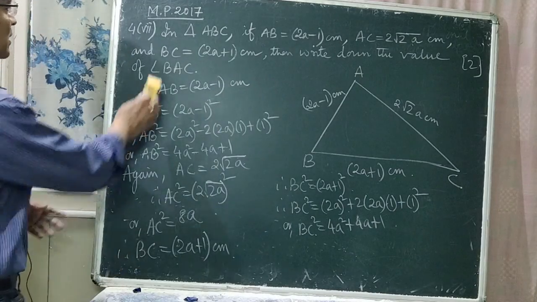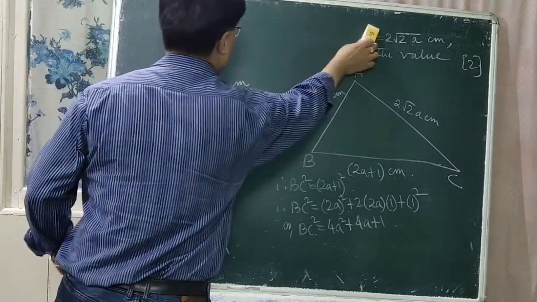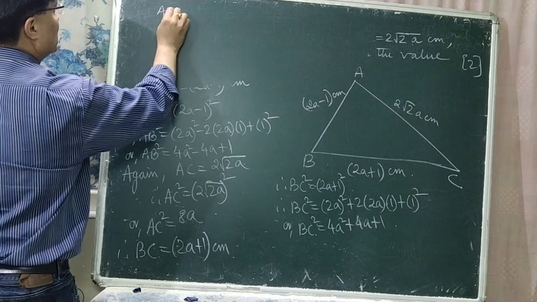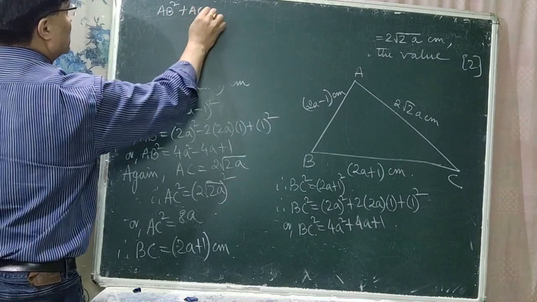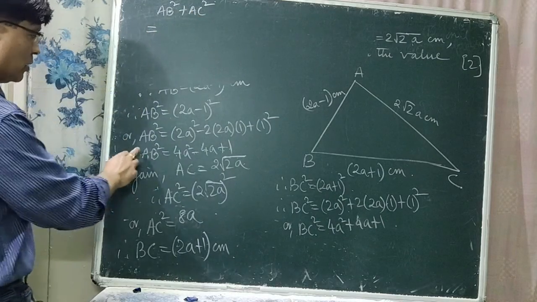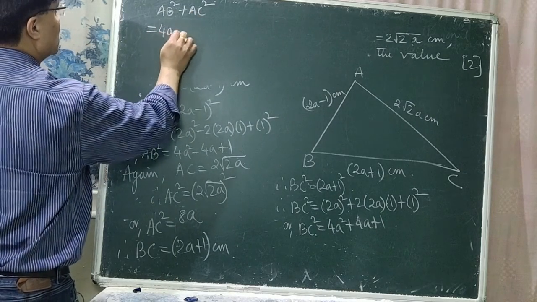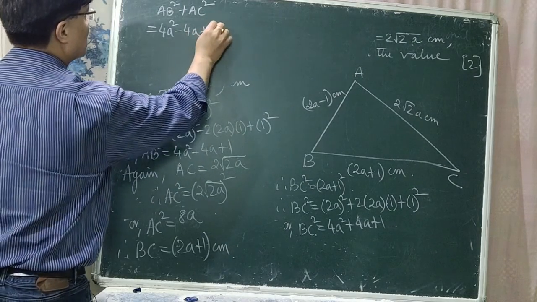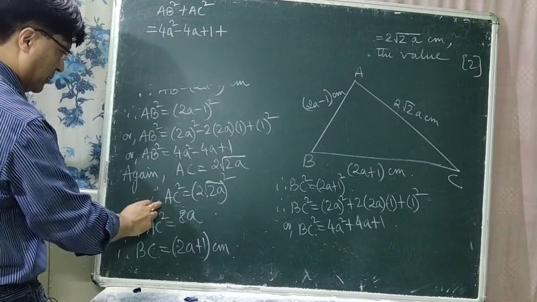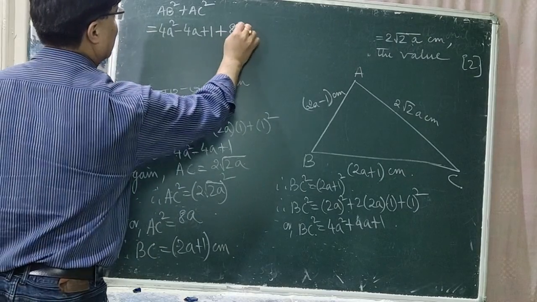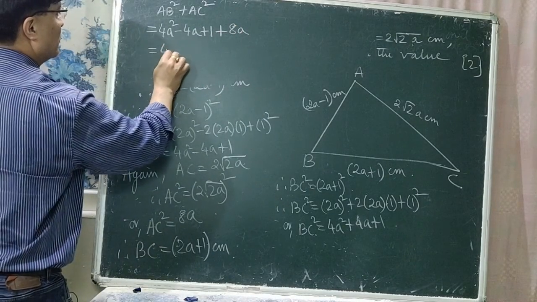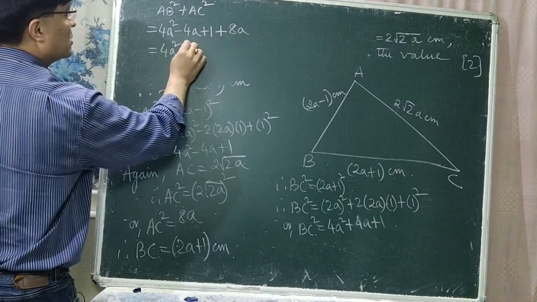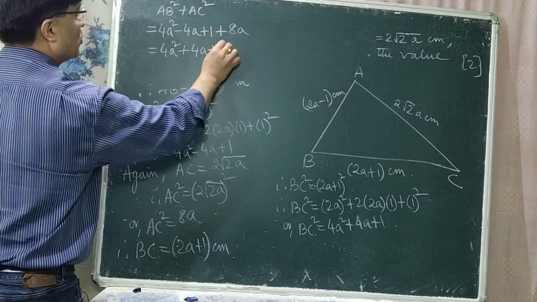Is that clear? So now let us add these two, AB square plus AC square. What is AB square here? It is 4a square minus 4a plus 1 plus, what is AC square? AC square is 8a, right? So which is equal to 4a square, now these are the two similar terms, plus 8a minus 4a is plus 4a plus 1.